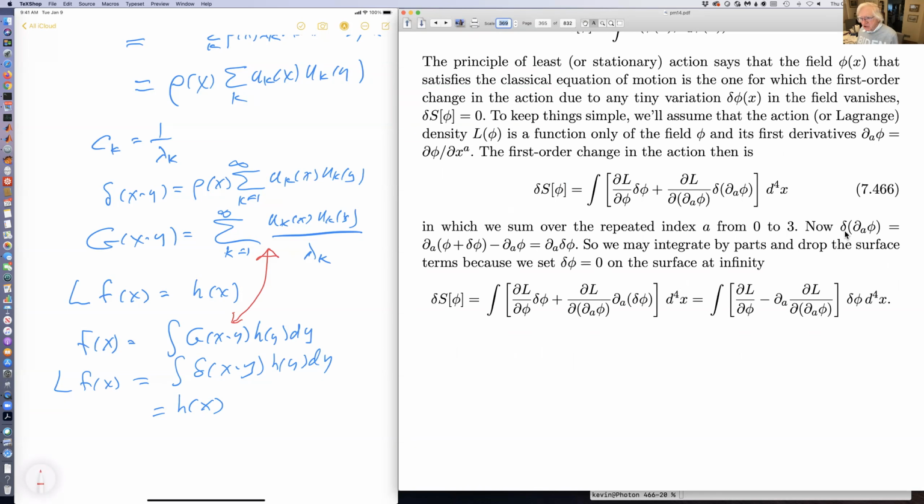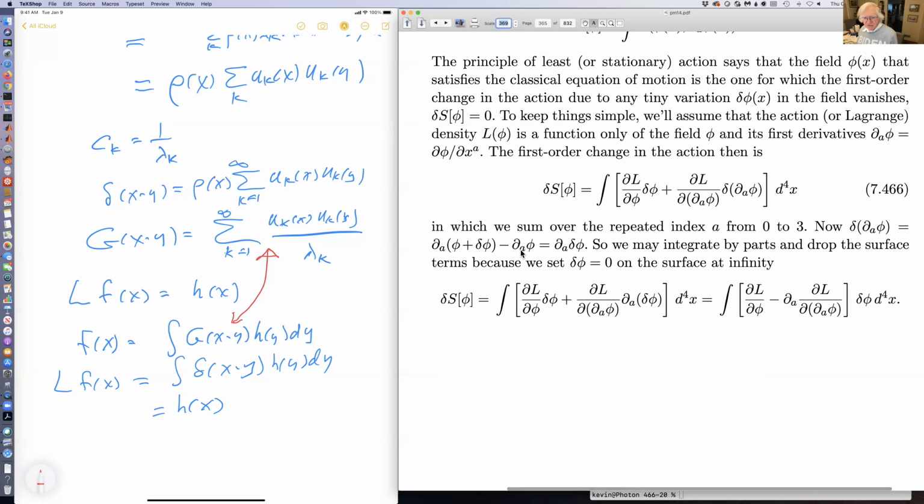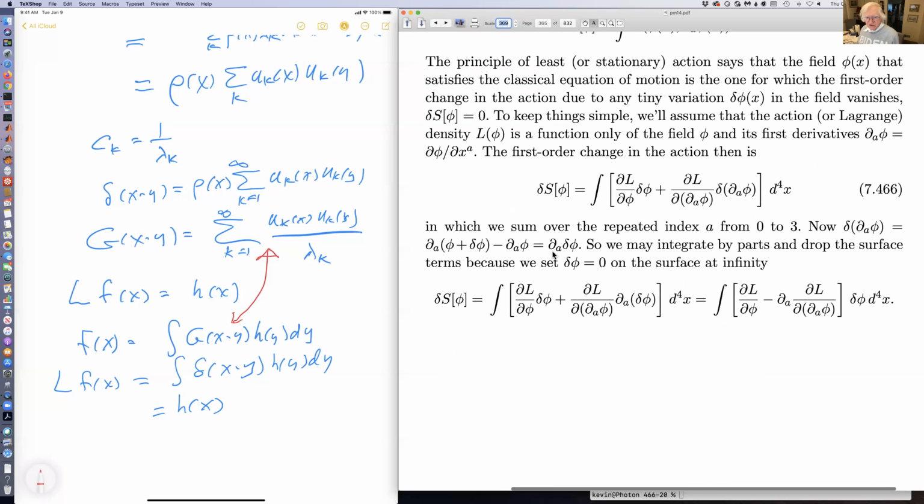Now, of course, the change in the first derivative is the first derivative of the changed function minus the first derivative of the unchanged function, and that's just the derivative of the change. So we then integrate by parts, and we're going to drop the surface terms because we're going to set the change delta phi on the surface at infinity equal to 0.